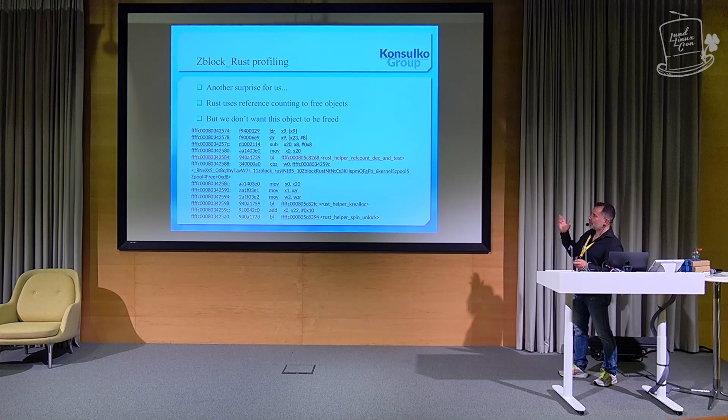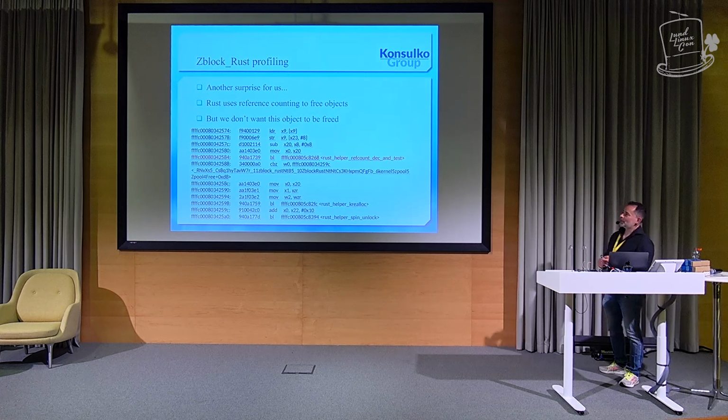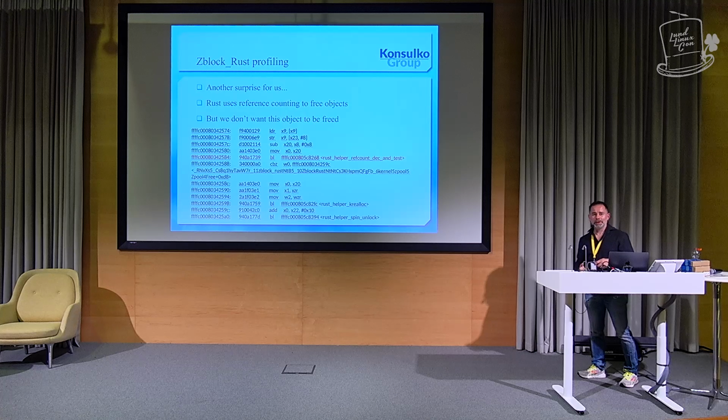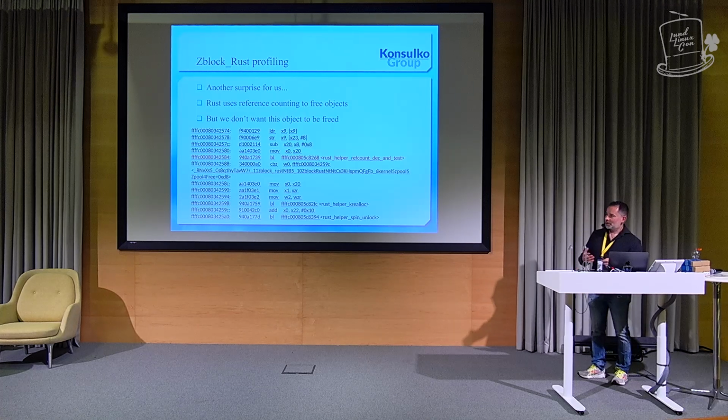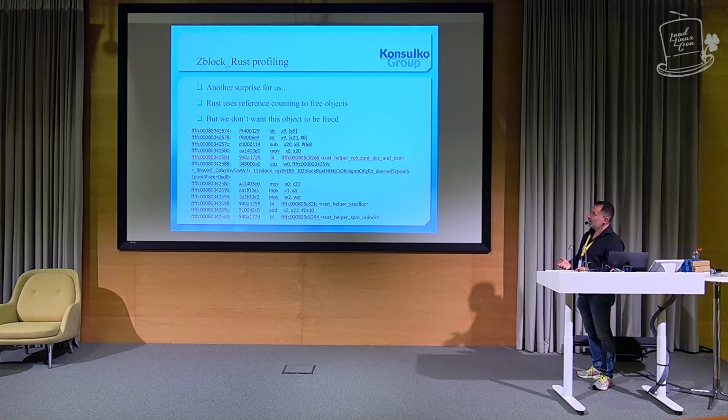We saw that there was a ref counting thing happening because Rust was keeping track of the objects that we were manipulating. But we didn't want Rust to keep track of them, because we wanted to free them ourselves, since we did allocate them. That was another thing that we needed to fix.